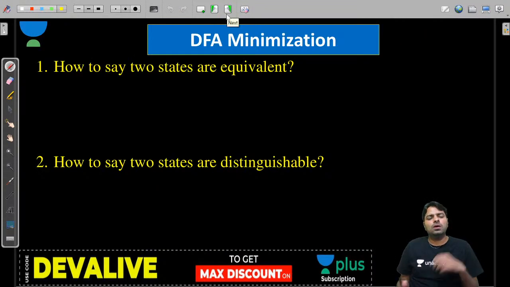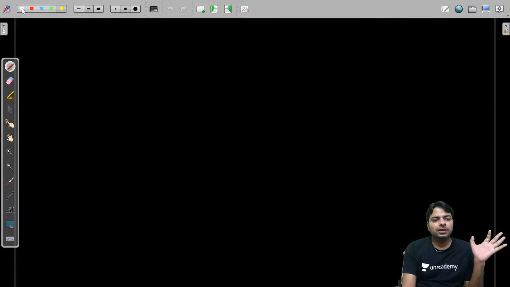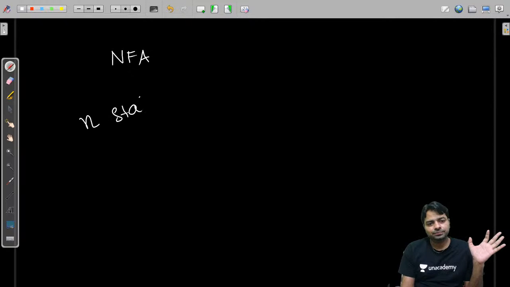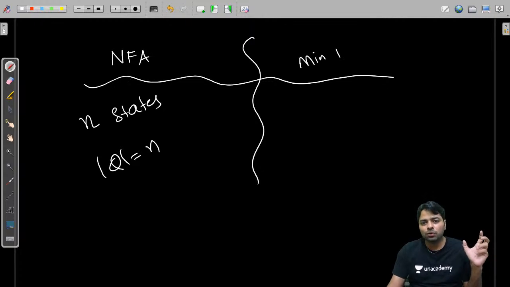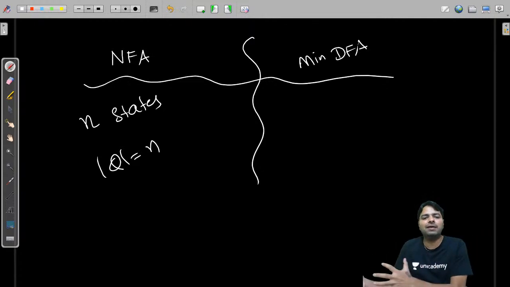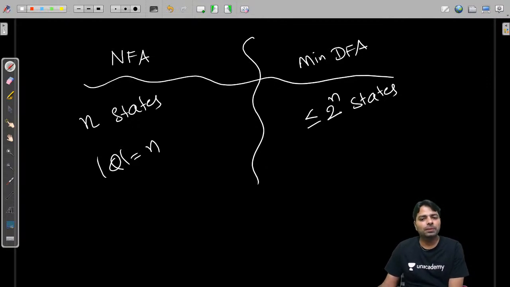Okay. Now next, guys, I hope you understood the point. So remember here, if NFA has n states, that is |Q| is equal to n, then definitely the minimum DFA, that I'm going to show you, but anyhow DFA I have it, you will have less than or equal to 2 power n states, because I'm going to take the help of 2 power Q. You may use all 2 power Q, or you may use some of the 2 power Q elements.